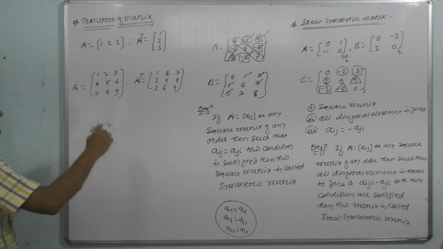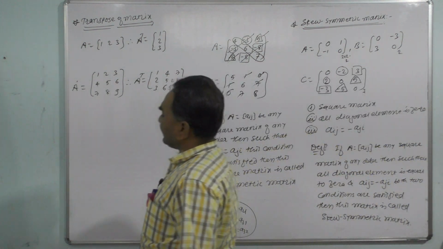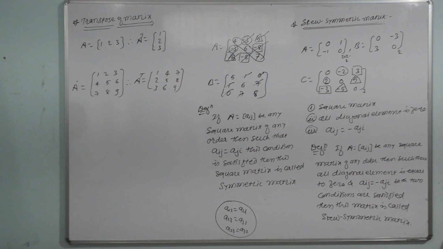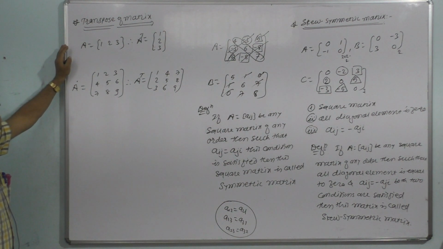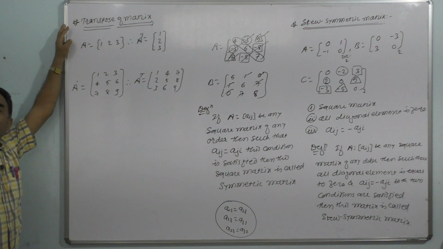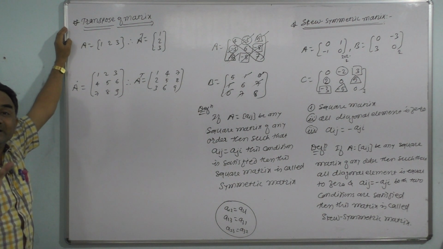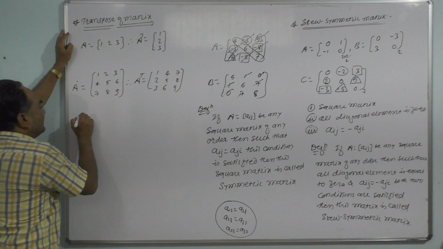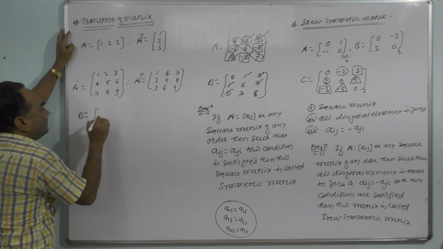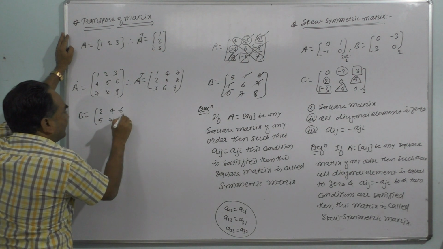So what is meant by transpose of matrix? If A is any matrix of any order, then by interchanging rows and columns of the given matrix, this matrix is called the transpose of the matrix. Suppose B matrix is equal to [2 4 6; 5 7 8].